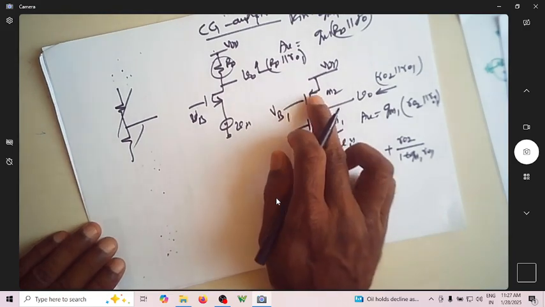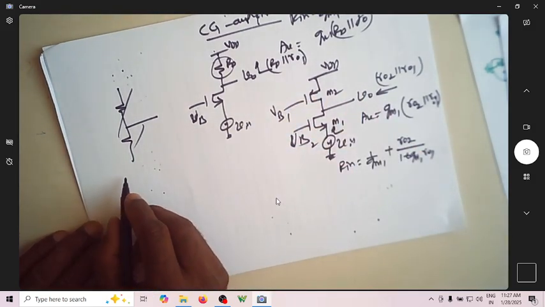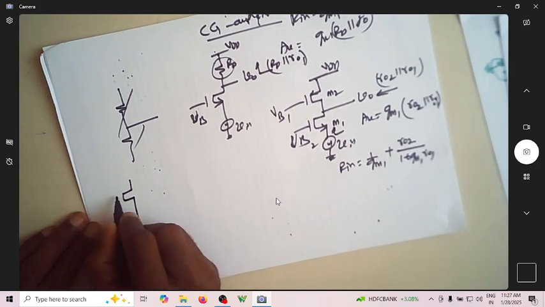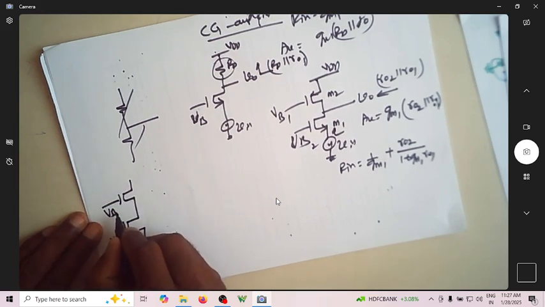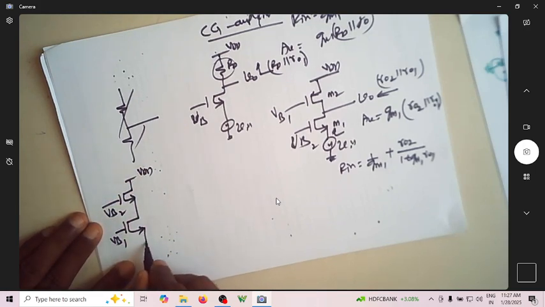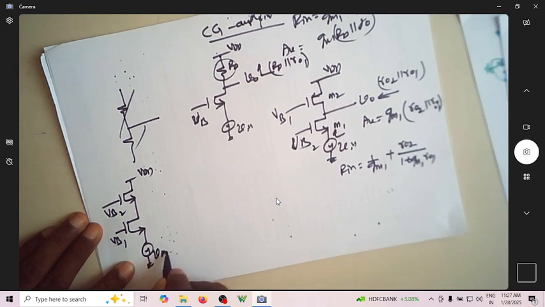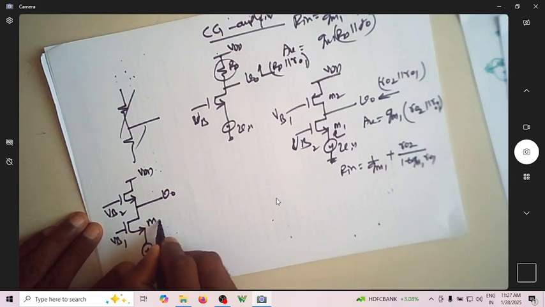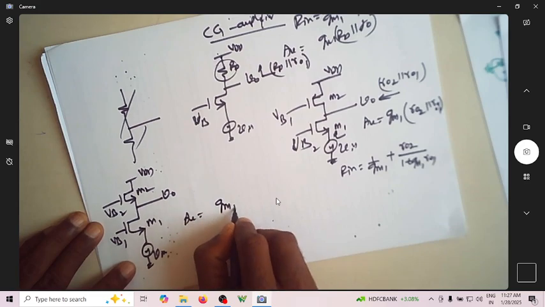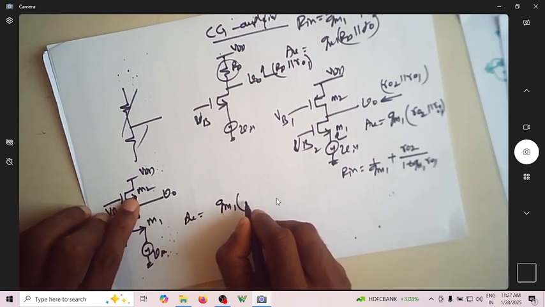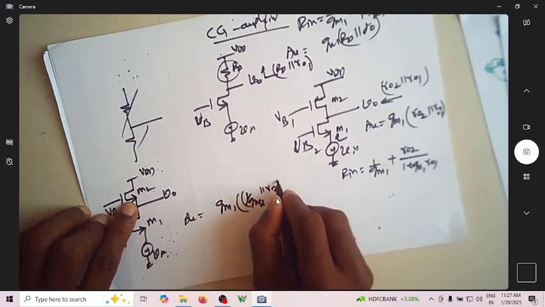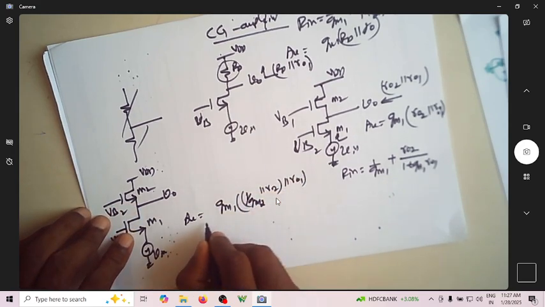So now, of course, this can be an NMOS transistor also. You can just think of having this. This is VB. This is also some bias voltage VB1, VB2. This is VDD. You can have this. So this is your input here. So this is your V0. This is M1. This is M2. So what is AV? It is GM1 into what is the resistance looking up here? It is 1 over GM2 in parallel with R02 parallel with R01 is your gain.